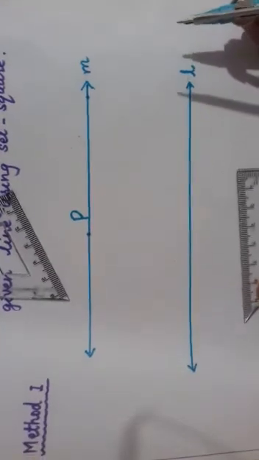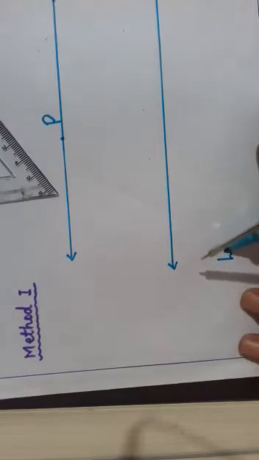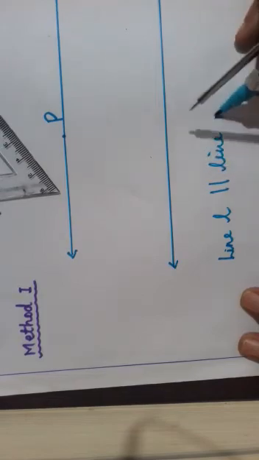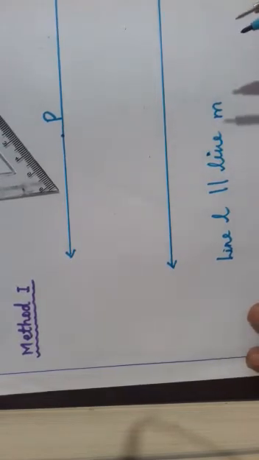The line drawn from point P, name this line as line M. Earlier we started with line L. Now you know line M is parallel to line L, and we will write this answer below it: line L is parallel to line M. Understood? This is the first method.